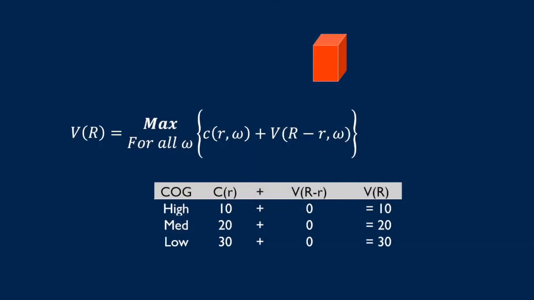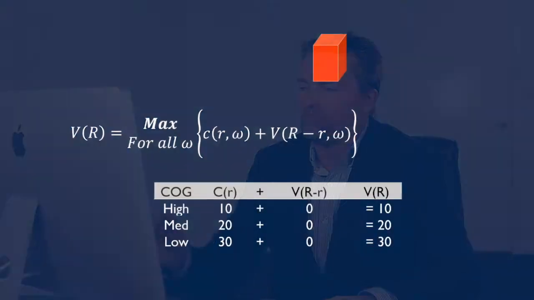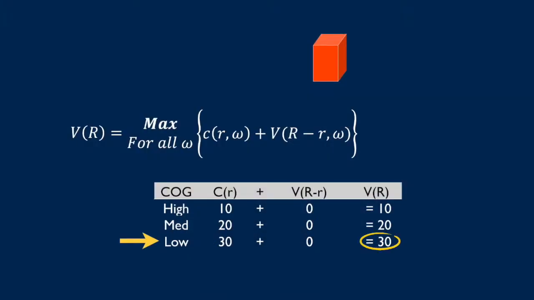And likewise for a low cutoff grade, we have a cash flow of 30, giving us a total value for the resource of 30. For those 3 options, we look at the maximum value of the entire resource, and we find that the best cutoff grade is the low cutoff grade, giving us a total cash flow of 30 for the project.